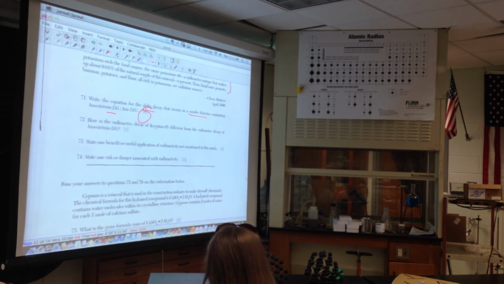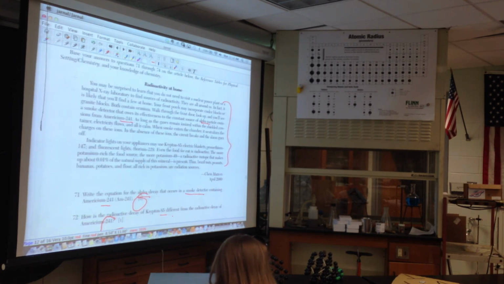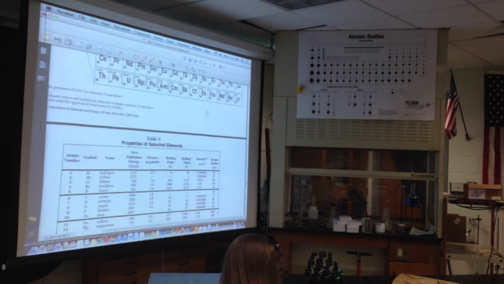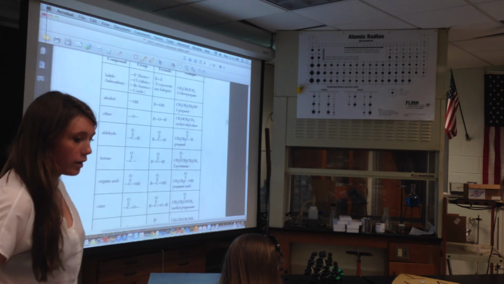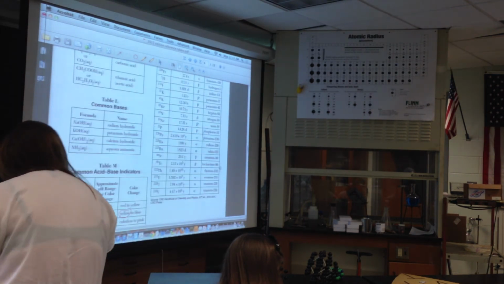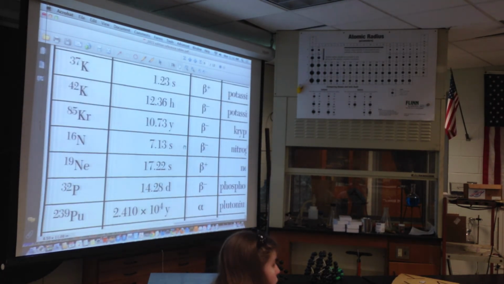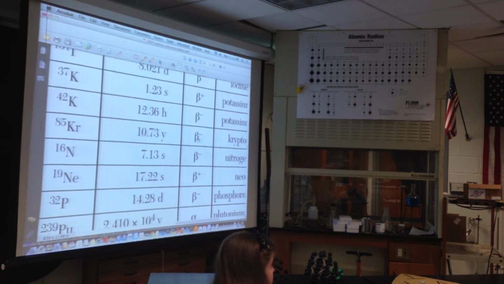72. How is the radioactive decay of krypton-85 different from the radioactive decay of americium-241? Krypton-85 might be in the reading, so I go back. Don't see it. Okay, so let's go to Table N. Krypton-85. That should list my krypton. There it is. So it's a beta negative.